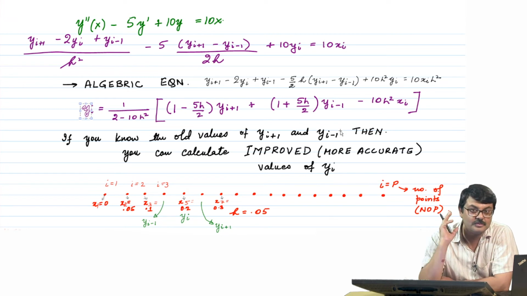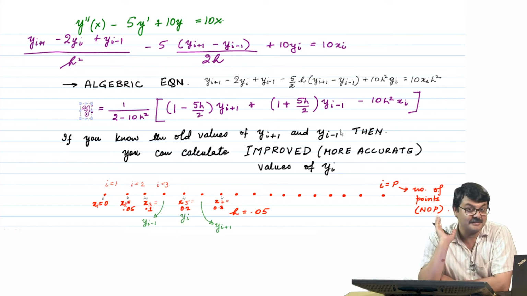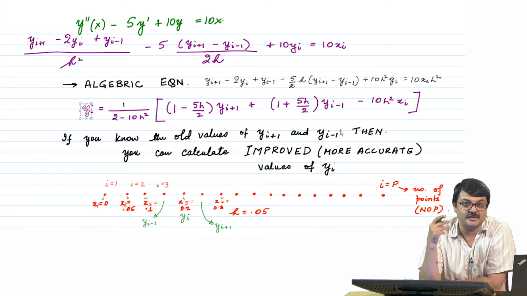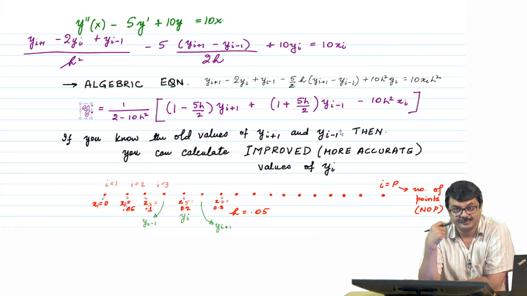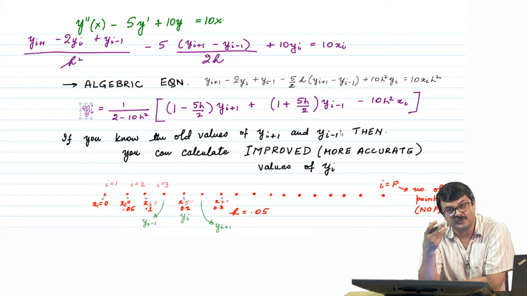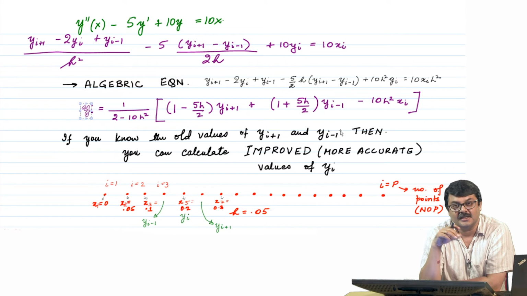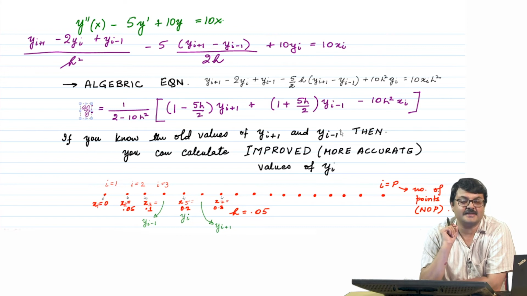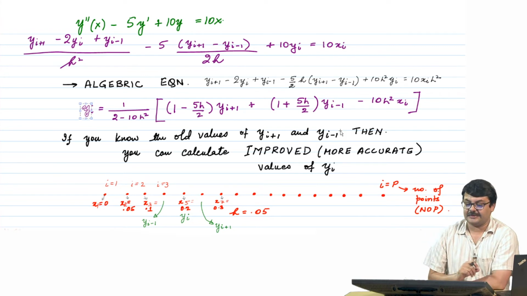So, let us suppose the solution will be something close to a straight line. It is a trial solution, and then you say, let me see whether I can move closer to the actual solution iteratively by some method, and finally arrive at the correct solution of the differential equation.